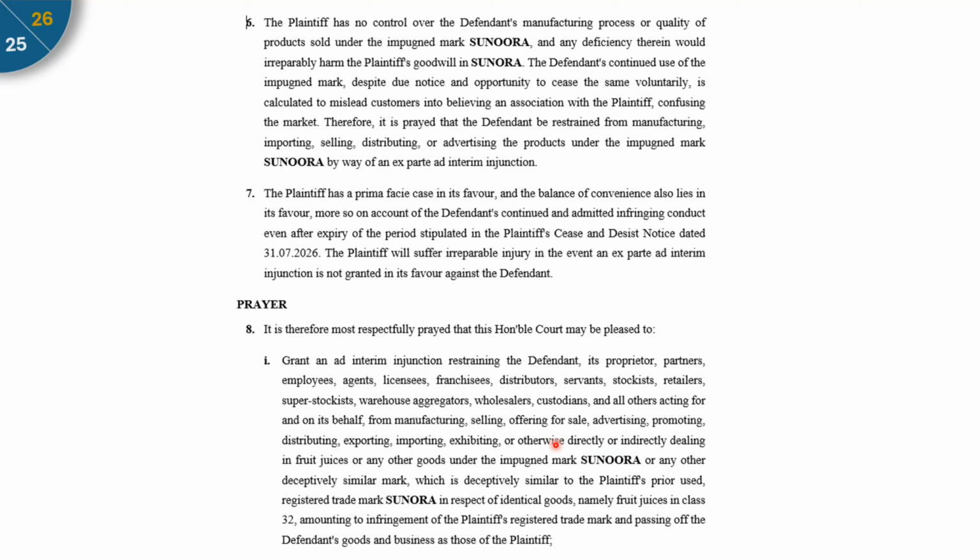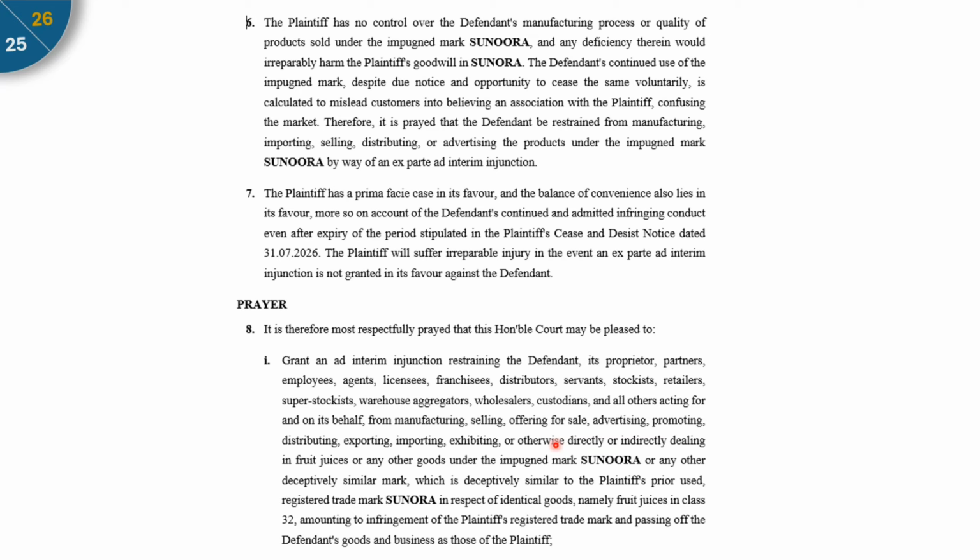Okay. The same logic applies to the list of verbs: manufacturing, selling, offering for sale, advertising, importing, exhibiting. Here, every single mode by which infringing goods could move through the market is named.